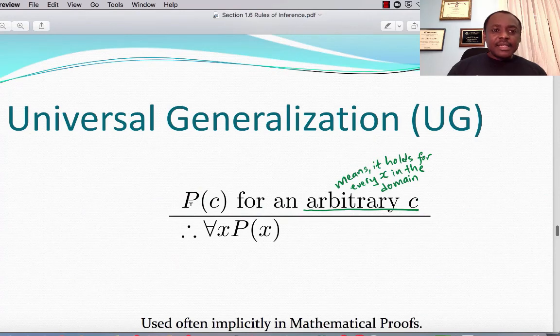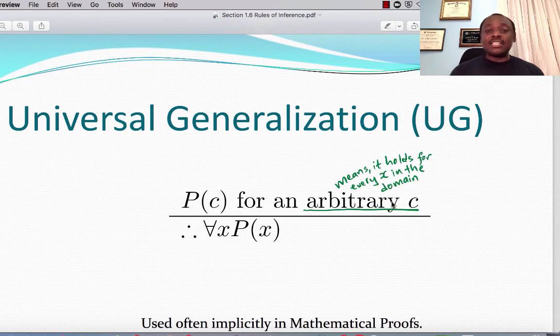The next is universal generalization, UG. This is actually almost the same as universal instantiation, and we do use that a lot in proofs. If P of C is true for an arbitrary C, then I can conclude that for every X, P of X is true.